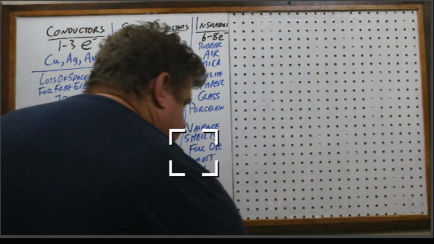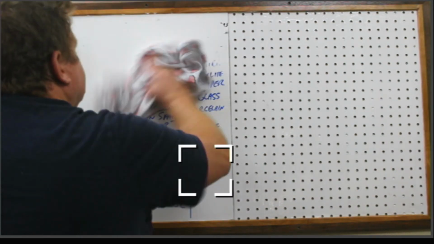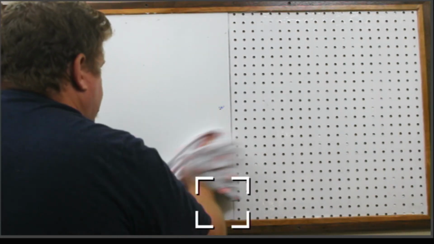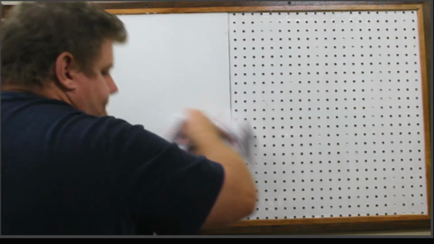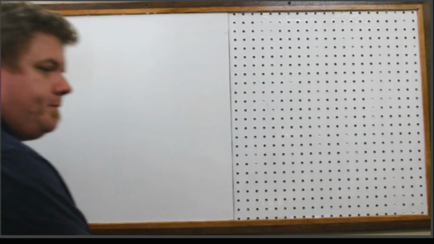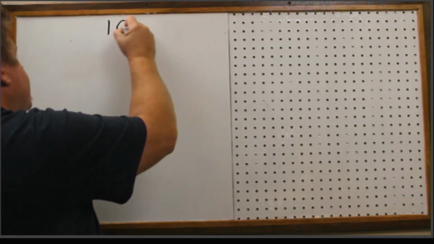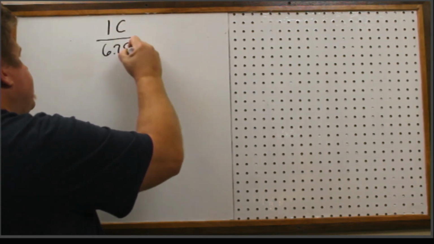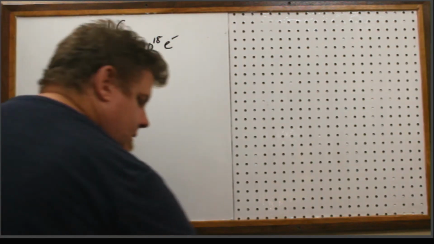Okay. So another thing we discussed was converting. So there's 1 coulomb for 6.25 times 10 to the 18th electrons. Okay.